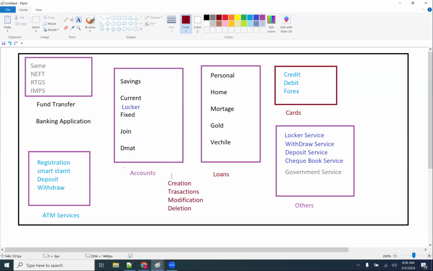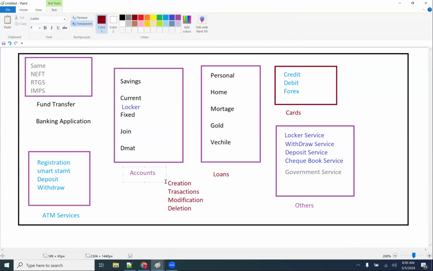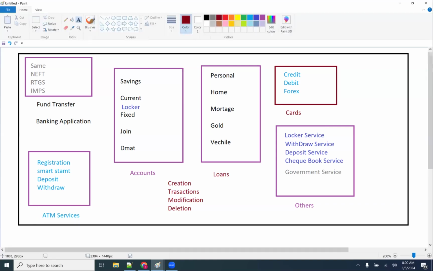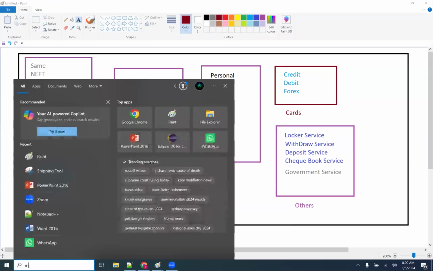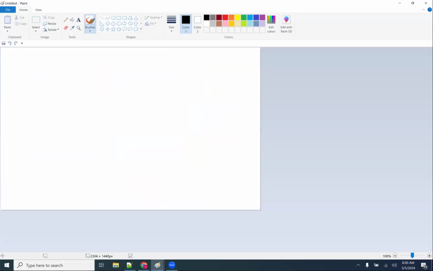This is a domain: the first capability is accounts, loans is another capability, cards is another capability, ATM is another capability. Now we need to subdivide by domain. Account creation is one service for me.